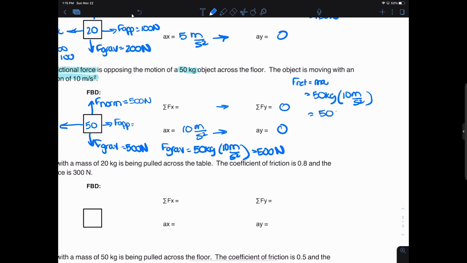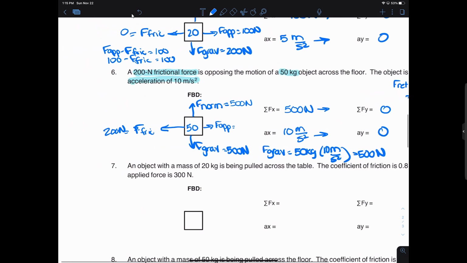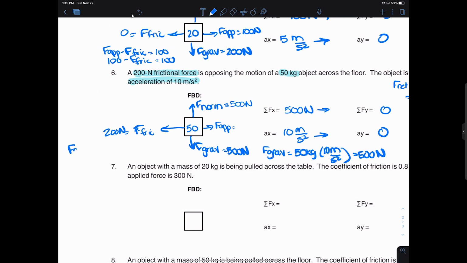That equals 500 newtons. So I've also got a net force here of 500 newtons, and that's to the right. So F applied minus F friction equals our net force, that's 500. So F applied minus 200 equals 500. So our F applied here has to equal 700 newtons.